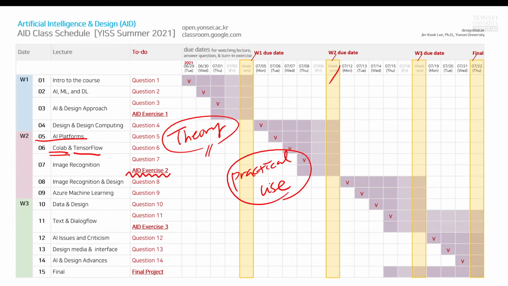I mean your actual exercises, so that you can do your project. So we are going to move from theory to practices and exercises, so that you can make your own AI and design related project. Okay.